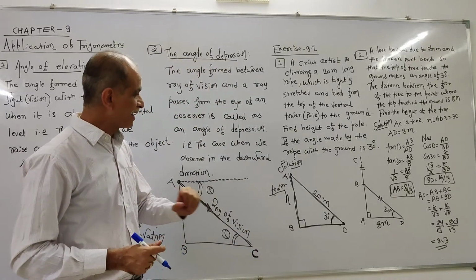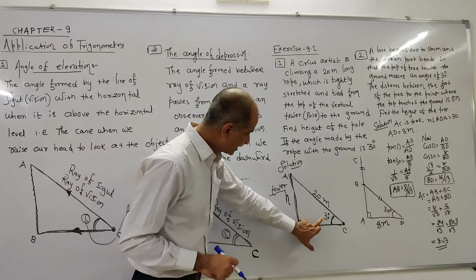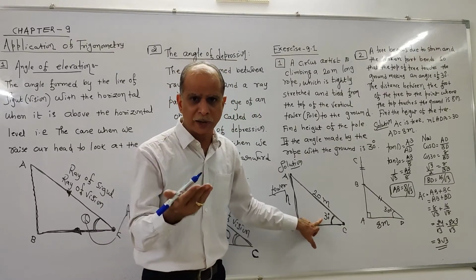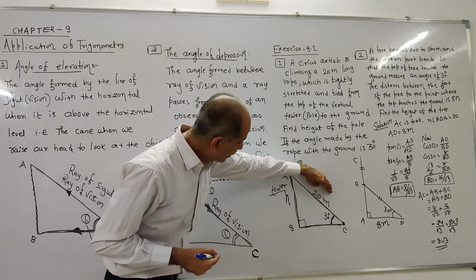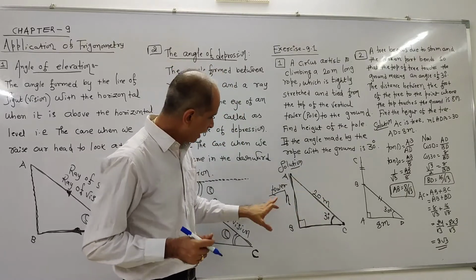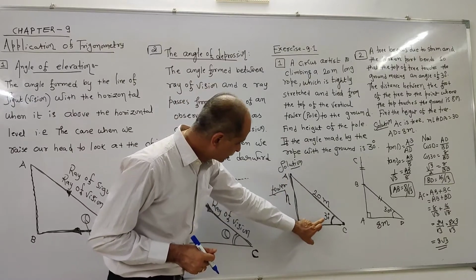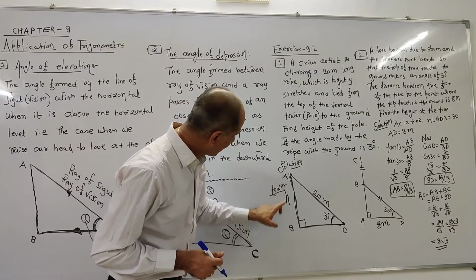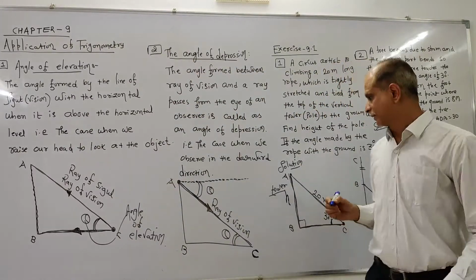So here 30 degrees is given to you. So either you can take sine 30, cos 30 or tan 30. But the value of hypotenuse is given to you, and the opposite side of 30 degrees means AB. So we can use sine 30.